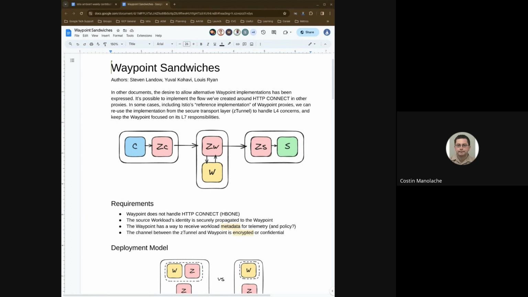So basically, what we are saying is that the communication between ZW and W, both incoming and outgoing, should have the ability to pass some metadata from L4 to L7, which includes identity and whatever claims are extracted from the identity at L4. Well, seeing as W is the only thing doing L7 reporting of any kind, right?